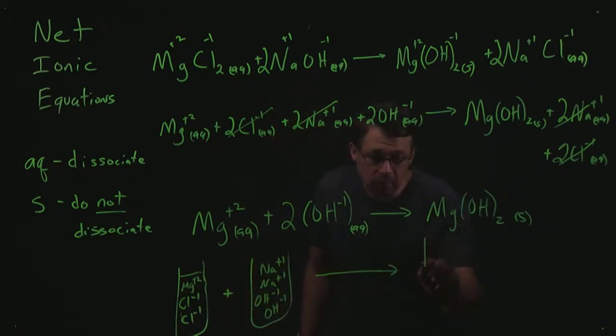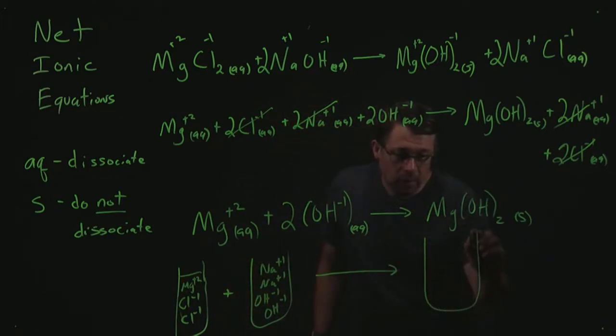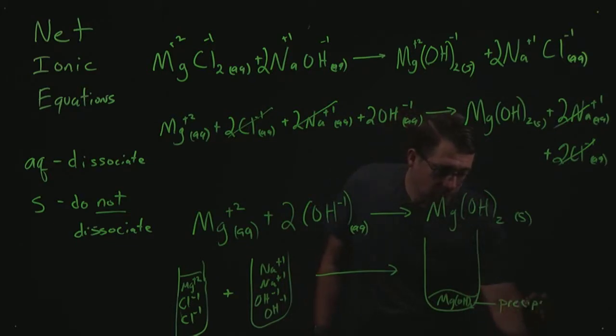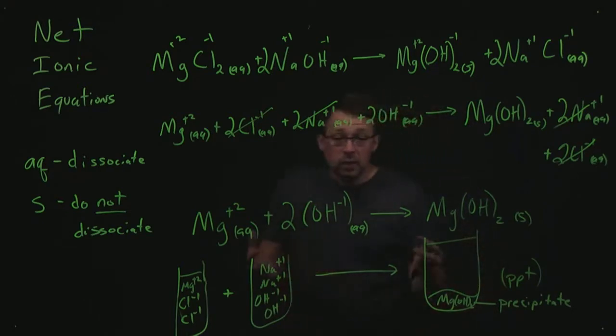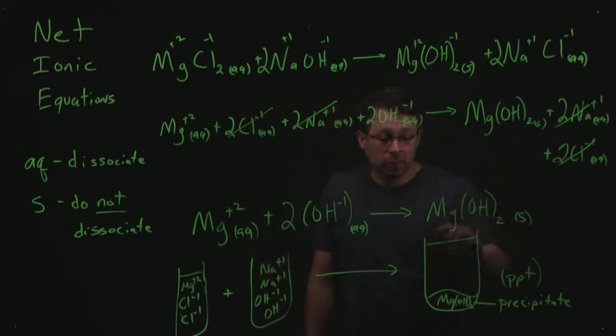When I mix these two together, what happens is magnesium hydroxide falls out of that solution. That's that solid. We call that a precipitate. Some people label it PPT for precipitate. And then, still floating around in that solution are the spectator ions.